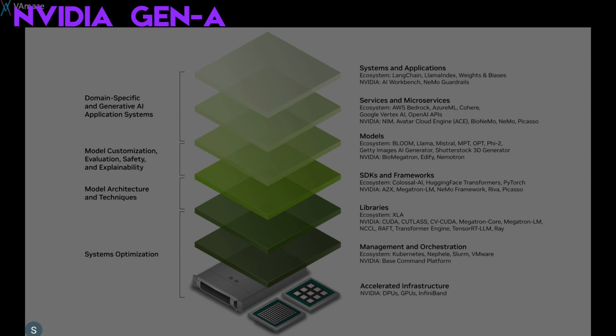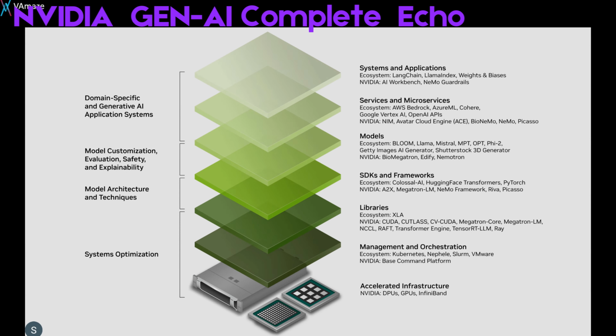Let's look at overall what we learned so far. As we went through, we have the overall picture of all the layers. We have seven layers here, starting from system optimization, which has the accelerated infrastructure with NVIDIA's DPU, GPU, and InfiniBand to connect the multi-GPU system.